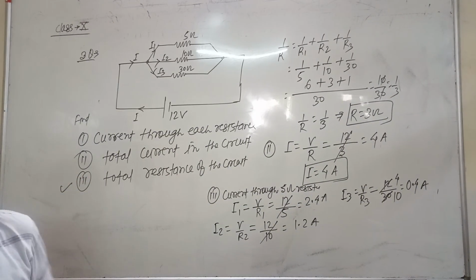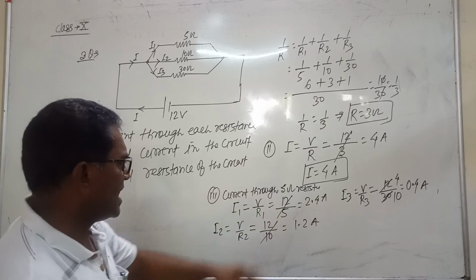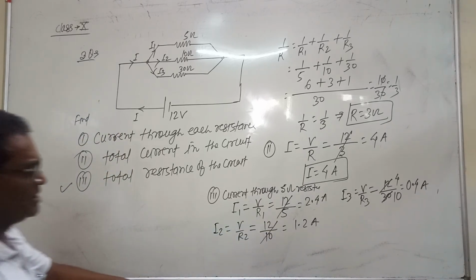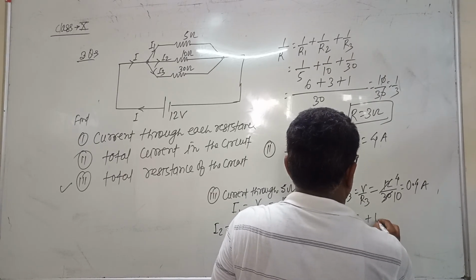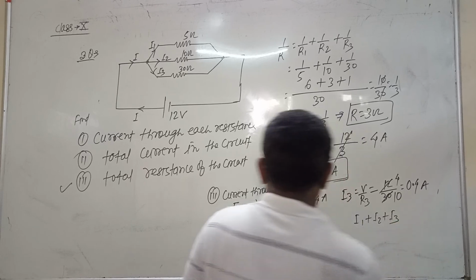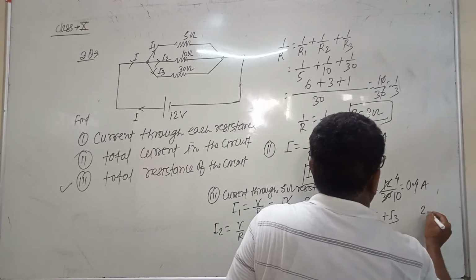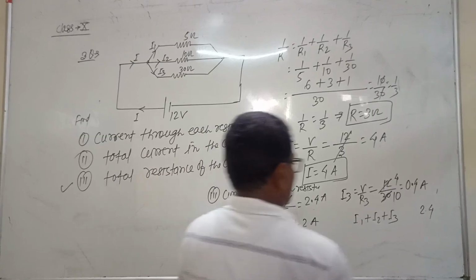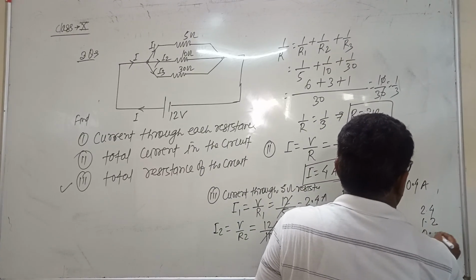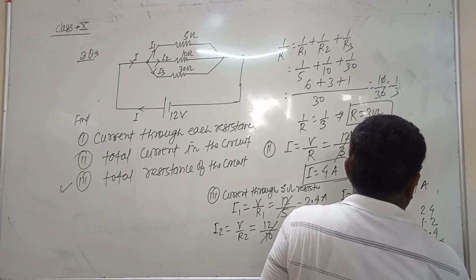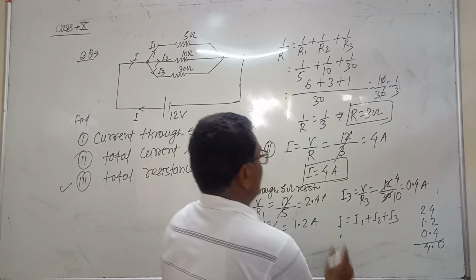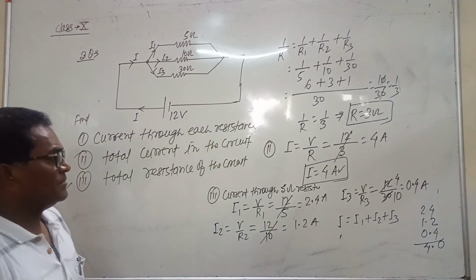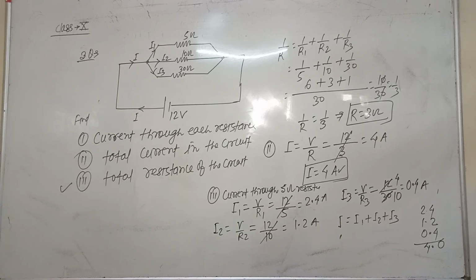When we add I1, I2, I3, we get the total current 4 ampere. The value of I1 is 2.4, I2 is 1.2 and I3 is 0.4. So this is 4 ampere. This is I. So the total current is 4 ampere, meaning I equals I1 plus I2 plus I3.